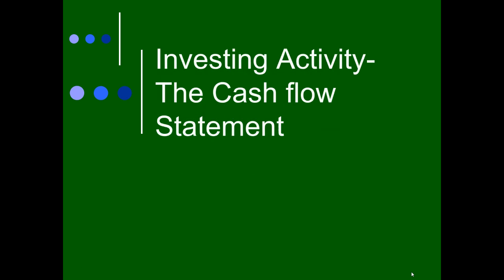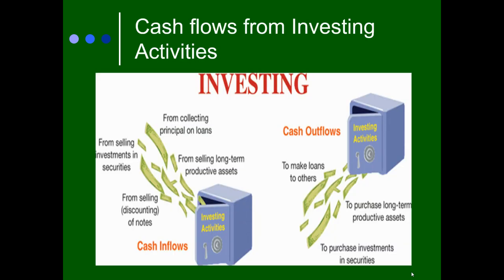We're going to look at the investing activity first in the cash flow statement. In the investing activities, the source of inflows and outflows comes from long-term assets. For inflows, it could be the selling of long-term productive assets and selling of any notes that the company has.